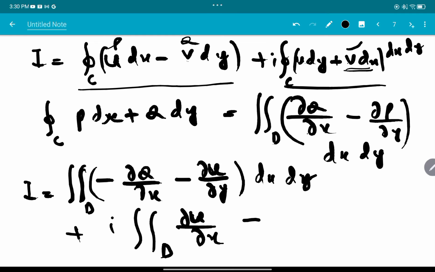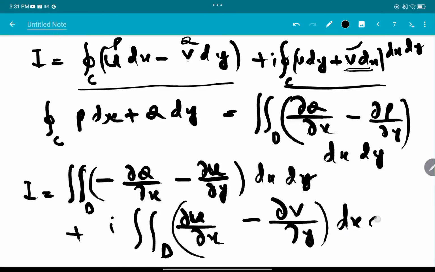Now p is here, this v, so it will be minus del v by del y, then dx dy. So dear, you should be a little bit careful. I think we should have first arranged it. Now I believe that you can do it yourself, and so I have moved ahead.